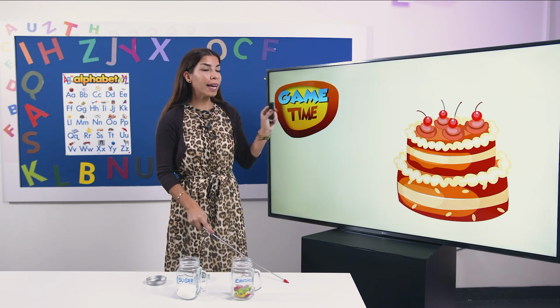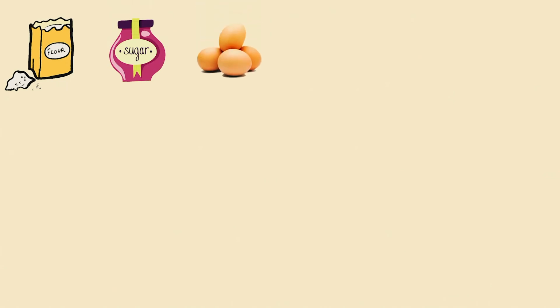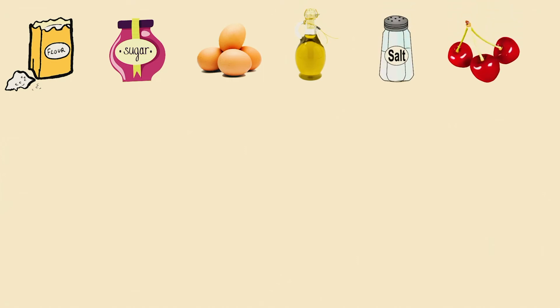Together, we will bake a cake. Check this out. To bake our cake, we need flour, sugar, eggs, oil, salt, and some cherries on the top. Okay?